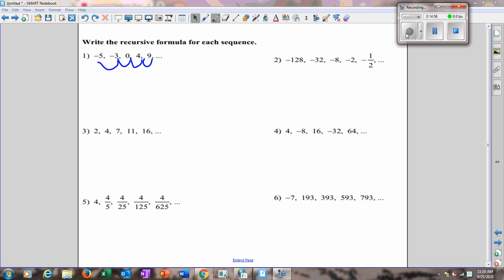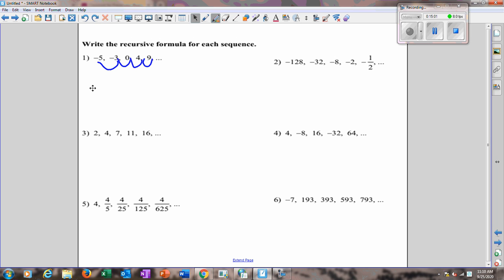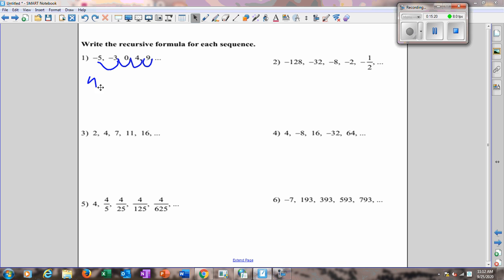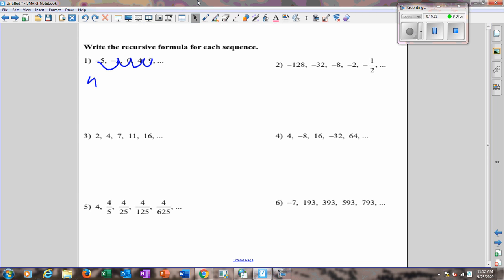So my recursive formula is going to be u sub n equals u sub n minus 1.